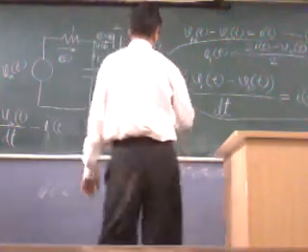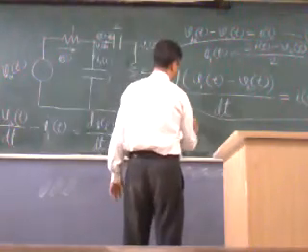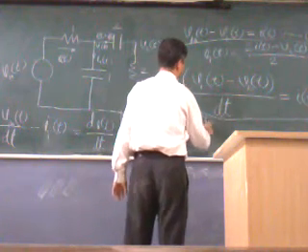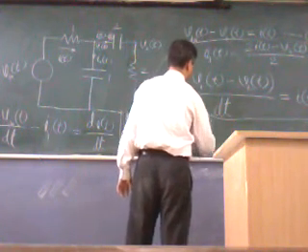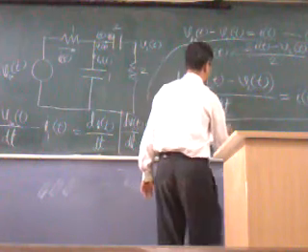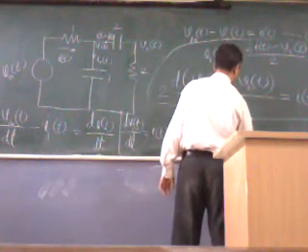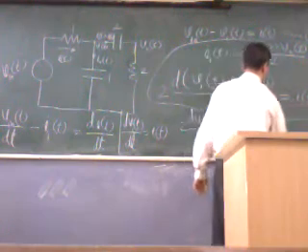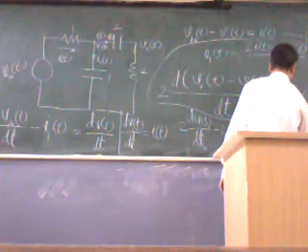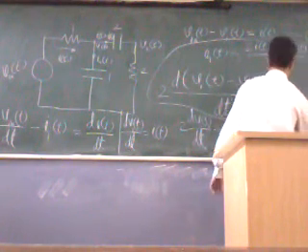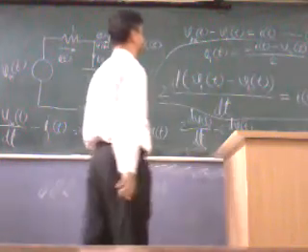Now, if we rewrite it, it is 2 dV1(t) upon dt minus 2 dV2(t) upon dt is equal to I(t) minus I1(t).